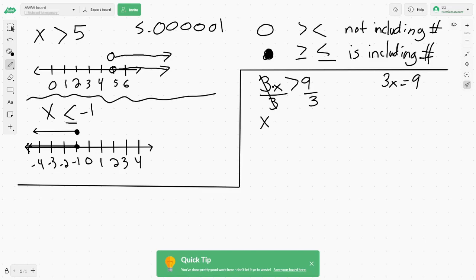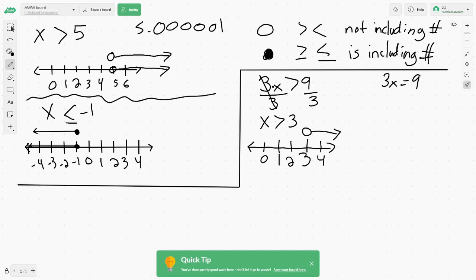Then I have x on one side and a number on the other side. So x is greater than 3. And that's all I have to do. If you wanted to put it on a number line, let's say 0, 1, 2, 3, 4. Greater than, so we're not including the number, but we are including everything greater than. So we solved it just like we would if there were an equal sign.